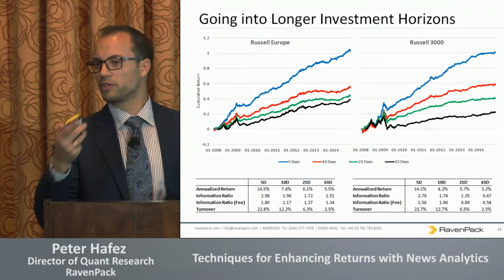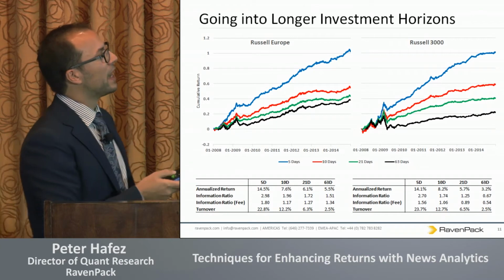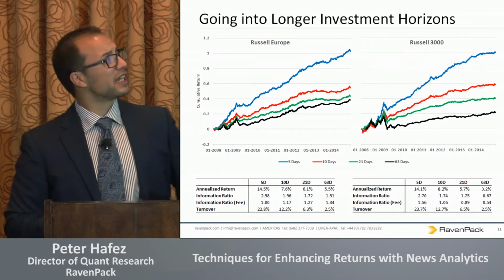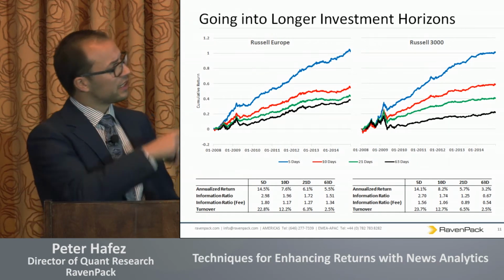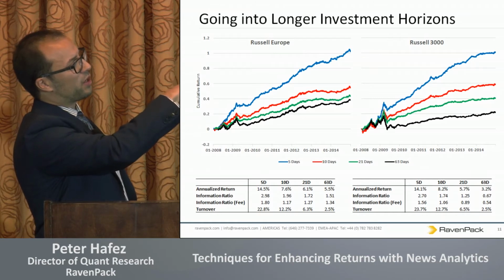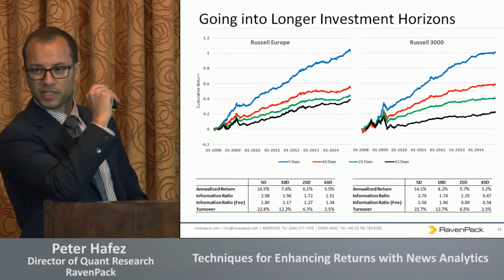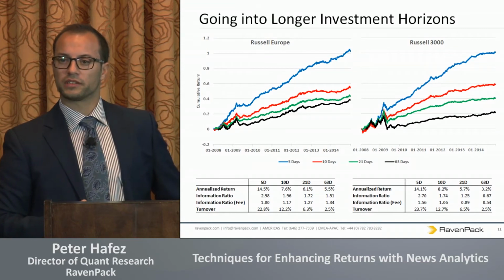So those are kind of the two approaches you can take. And from our research, we find that you get very similar performance out. We have Europe on the left side, and we have the US on the right-hand side. And as you can see, not surprisingly, as you increase your investment horizon to 5 days, 10 days, 21 days, and 63 days, this is in business days, by the way, you see that the turnover comes down quite substantially.